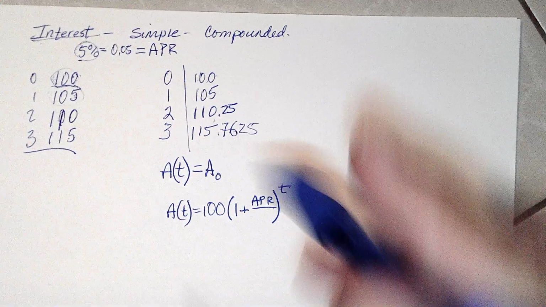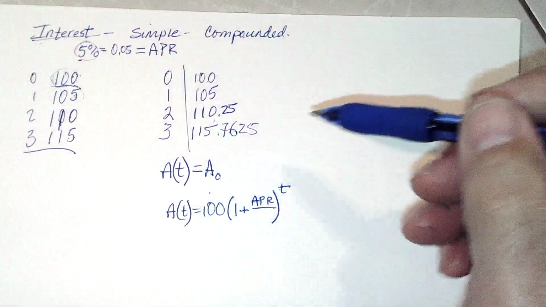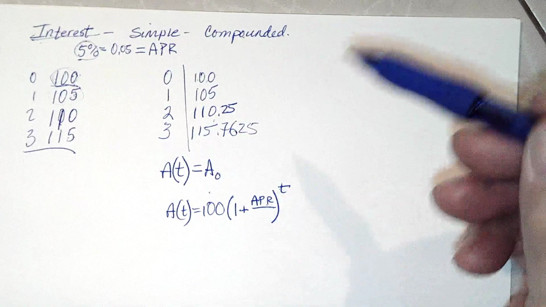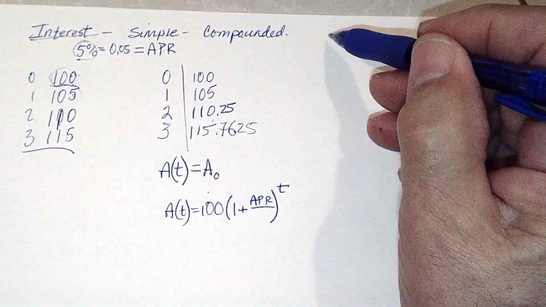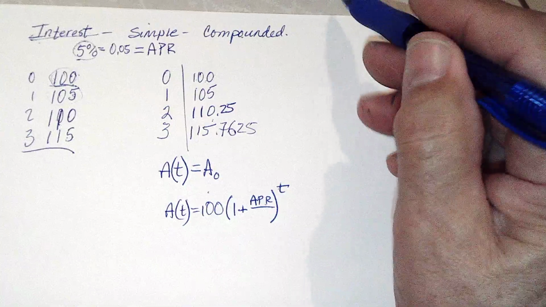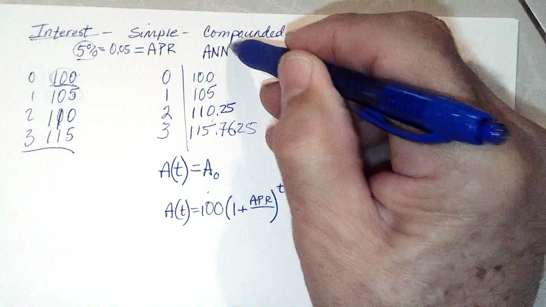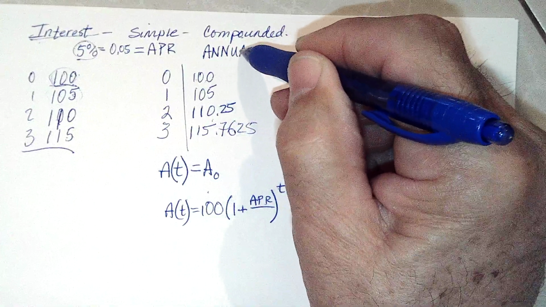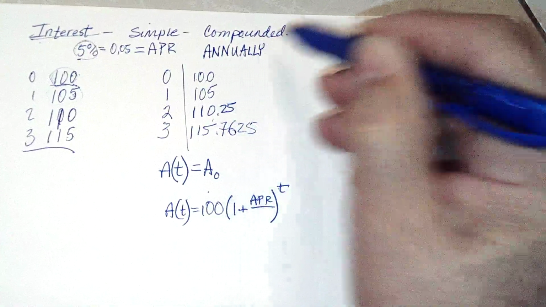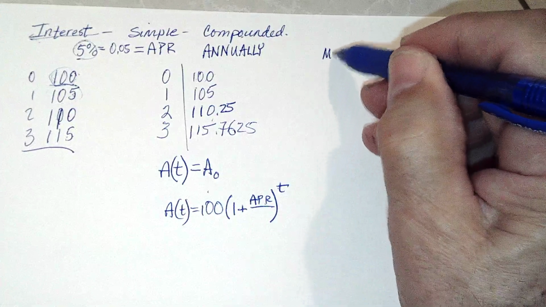Now, this is compounded annually. Every year you get your interest. But some institutions will compound more than annually, give you your interest more often, like maybe monthly.